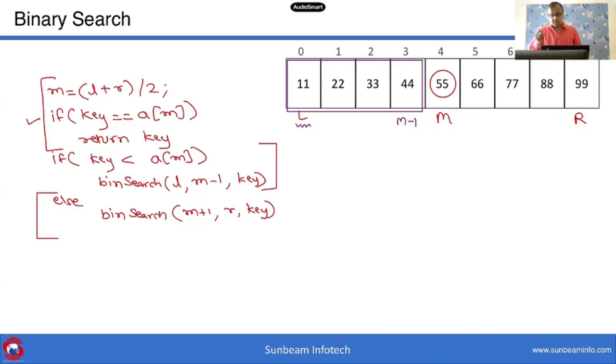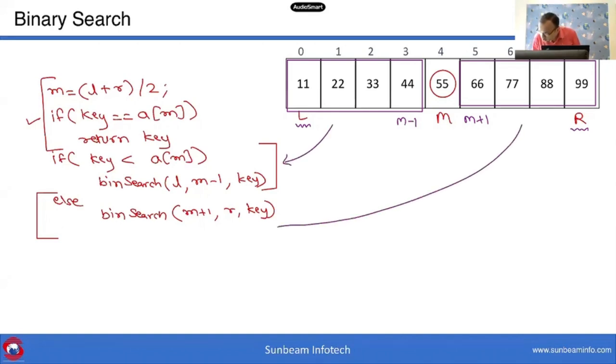If it is greater, the element that you want to search, then you continue and try to find out, like a mid +1 to right. So you focus only onto the right partition. So that is the logic. So you focus onto the left partition, or you focus onto the right partition. That is all logic that we need to write, nothing extra or nothing special that we need to do.